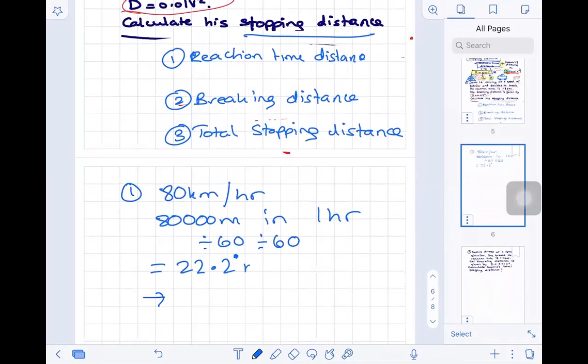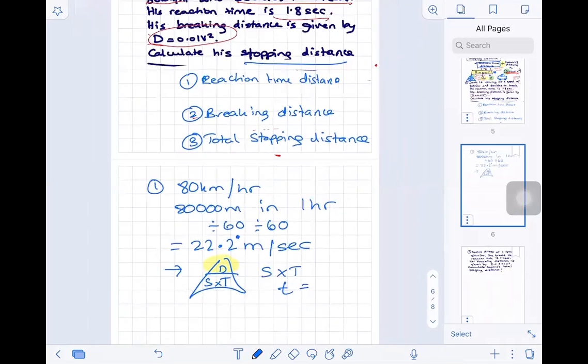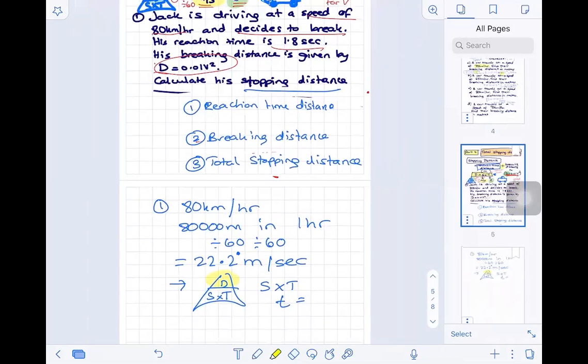That's how many meters per second. So then you use speed is distance over time. We're trying to get the distance, so we do speed times time. The reaction time in this question was 1.8 seconds. So it's 22.2 times 1.8. Keep it in your calculator, times 1.8, which is 40 meters you travel in the time that it takes you to react.